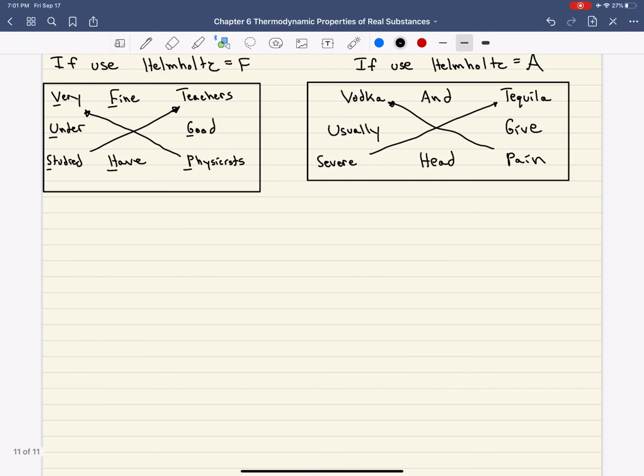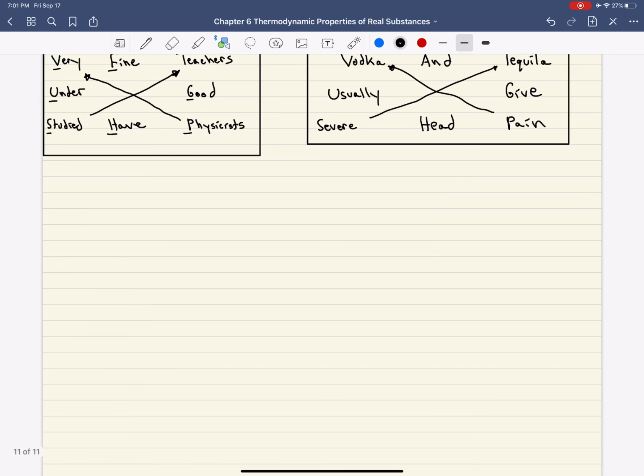If Spanish is your first language, there's another mnemonic that you could use. Okay?